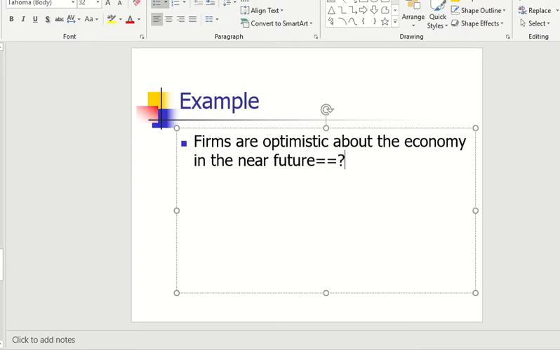So they are likely to increase investment. And because investment is a component of aggregate demand, they are likely to increase the aggregate demand. Okay, so that will wrap up our short exercise.